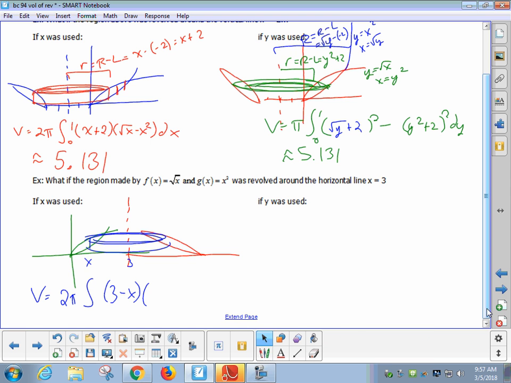Sure. This is the part that was hard for me to get my mind around. It might be easiest if you put a number to something. I know these meet at 1, so let's say I look at the slice that was generated at 1/2. This whole distance is 3, so the actual radius of the shell is 3 take away 1/2.